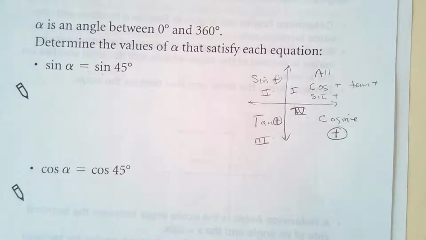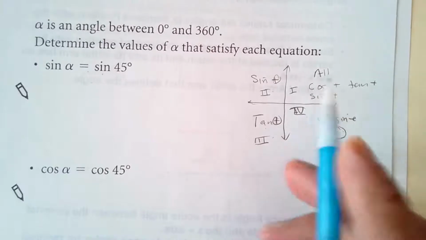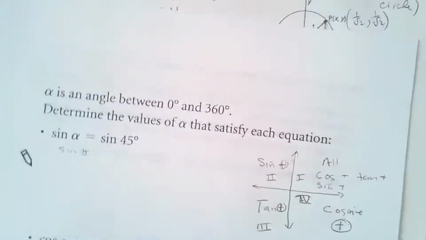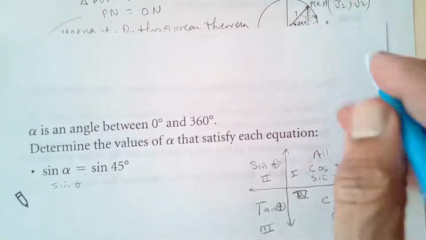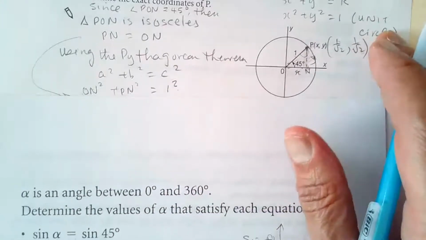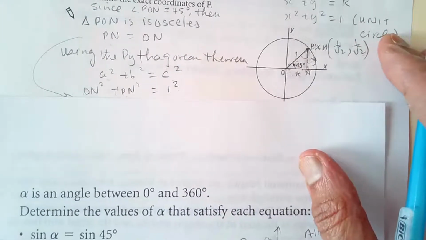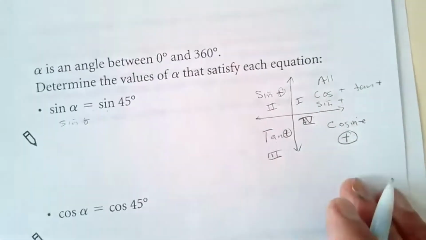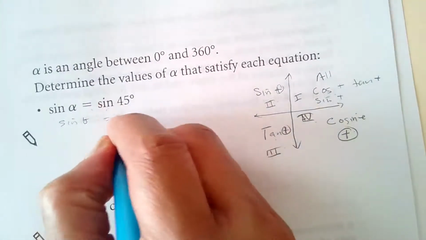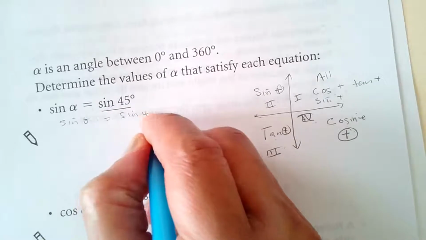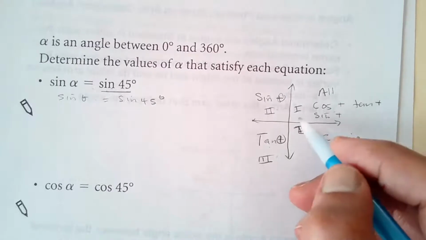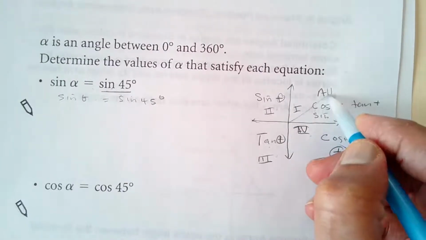Now, sine is positive here. So sine alpha equals sine 45 degrees. Sine is positive in quadrant 1 and quadrant 2.